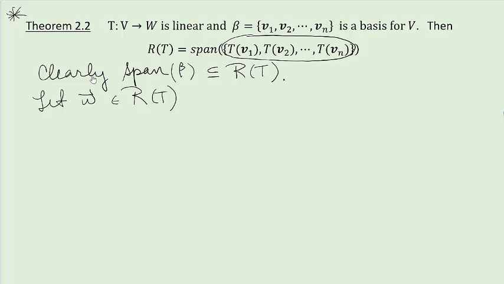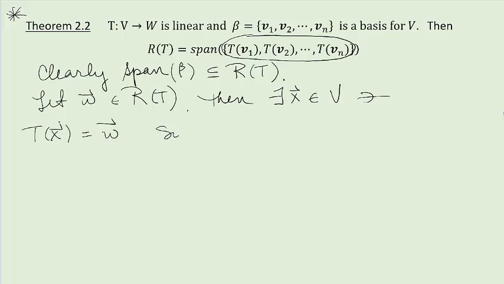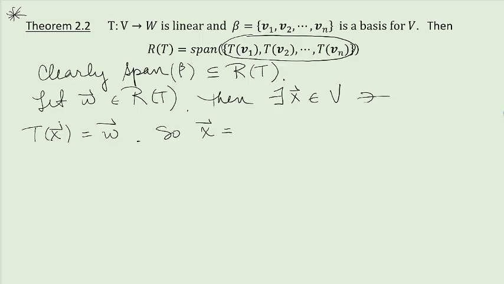Well, if W is in the range of T, then there is a vector X in V such that T of X is equal to the vector W. And X is in V, and beta is a basis for V. So we know that X, being a vector in V, is a linear combination of the vectors in beta.